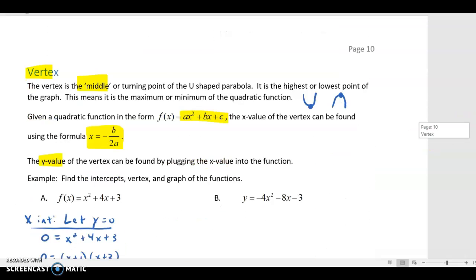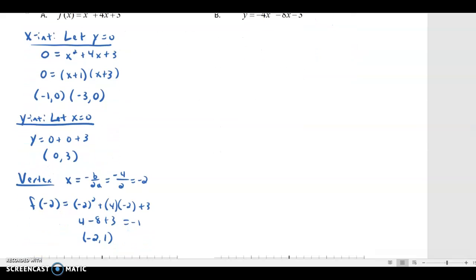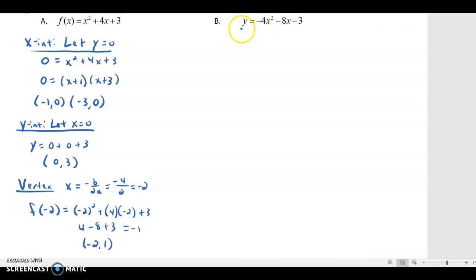All right. Now let's do the other one if we have time here. We're going to make it very quick. y equals negative 4x squared minus 8x minus 3. If I'm going to factor this, when I set it equal to 0 for the x-intercept, I'm going to pull out a negative. So it'll be 4x squared plus 8x plus 3.